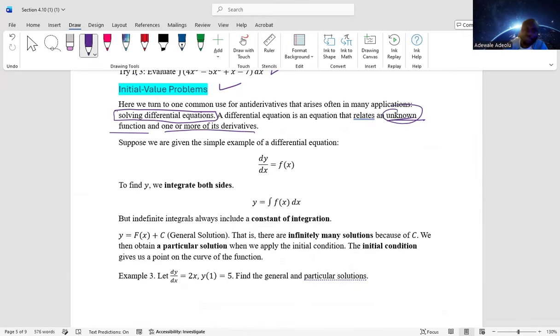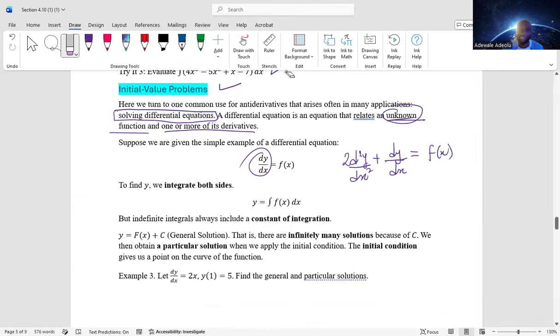For example, here is a simple differential equation, dy dx equals f of x. That is our function, f of x. Now we relate it to its derivative. It is also possible that we relate it to its higher order derivative. We can do that. So we say it is a differential equation.